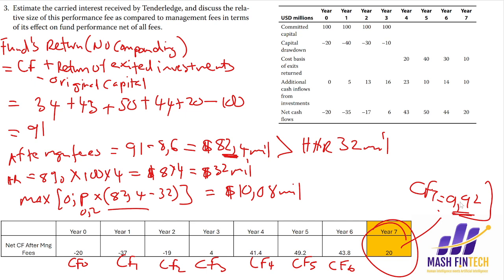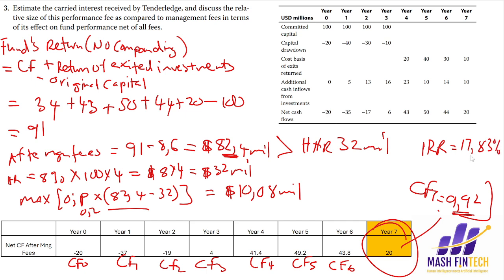If you do this and you calculate the IRR, the internal rate of return, you use your calculator by inserting these cash flows and computing the IRR, you're going to get 17.83%.